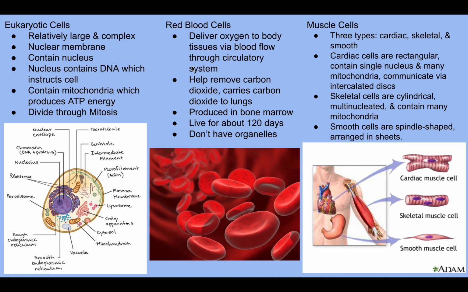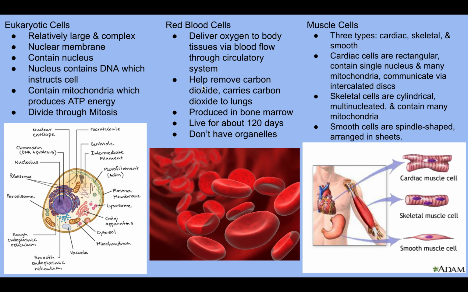Now, the two types of special cells that I've chosen are red blood cells and muscle cells. Red blood cells deliver oxygen to the body tissues via blood flow through the circulatory system.